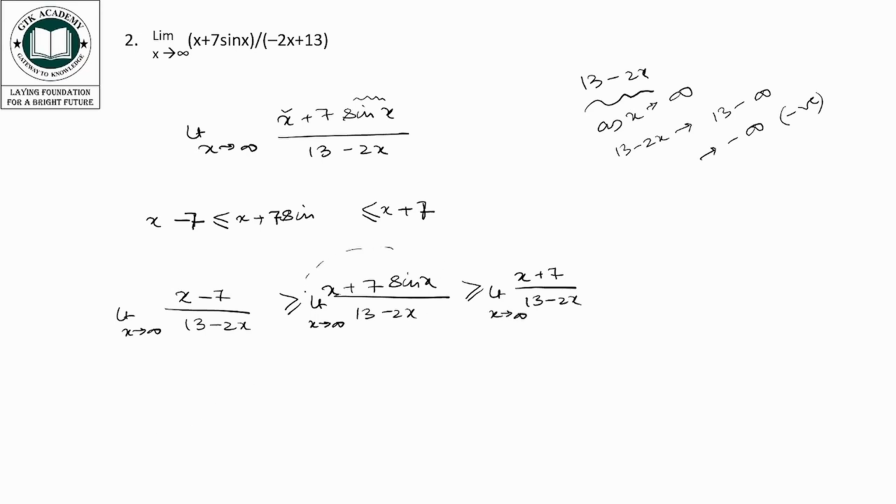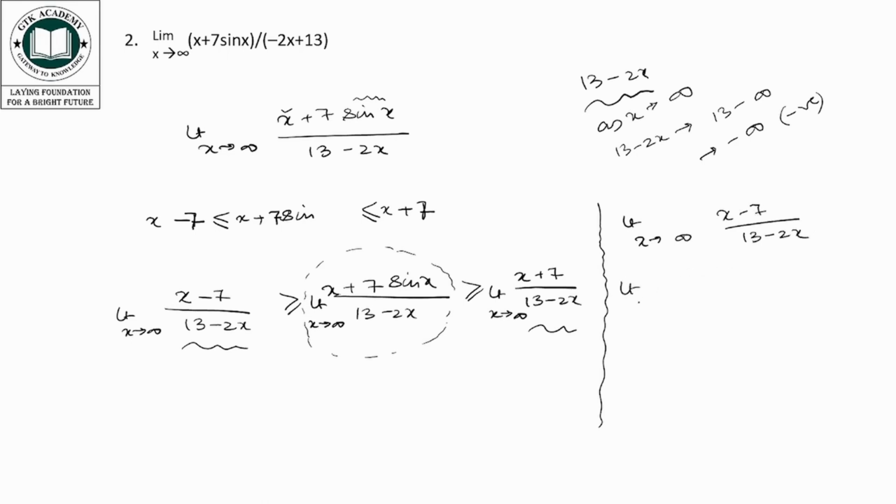Now in between we have the limit which is in question, so we don't have to do anything for this. We only have to find the limits of this as well as this, and if they are equal, that means the limit of the middle function is also the same. Now, limit x tending to infinity of x minus 7 upon 13 minus 2x.